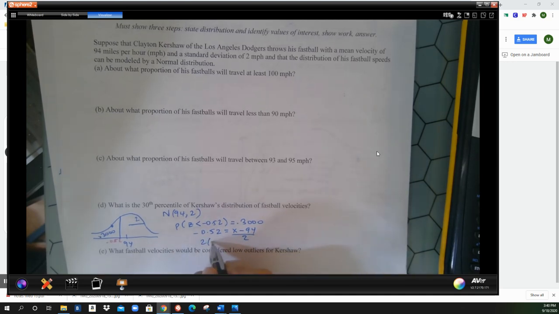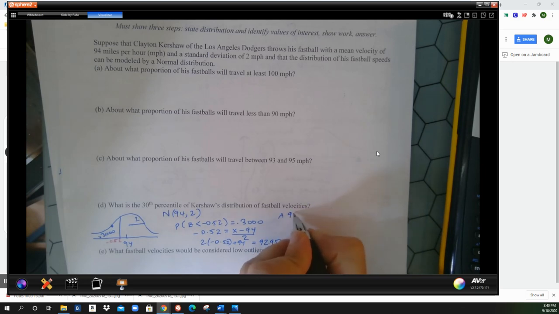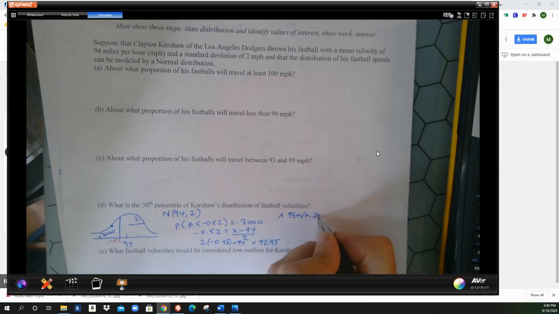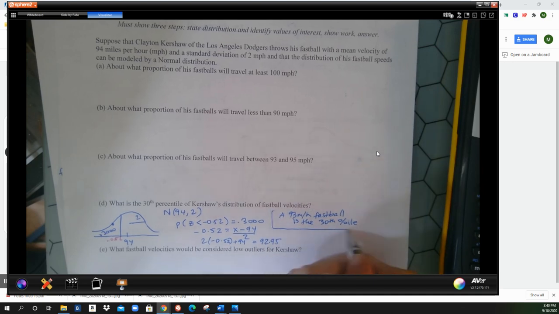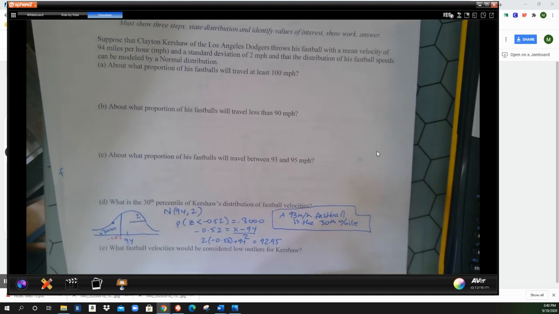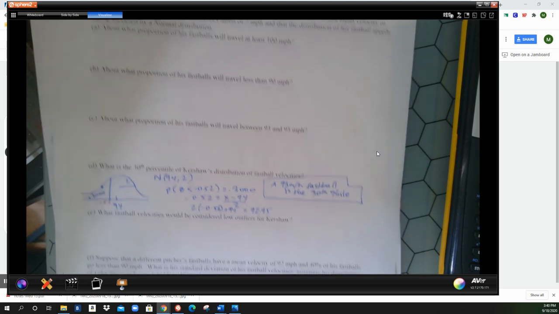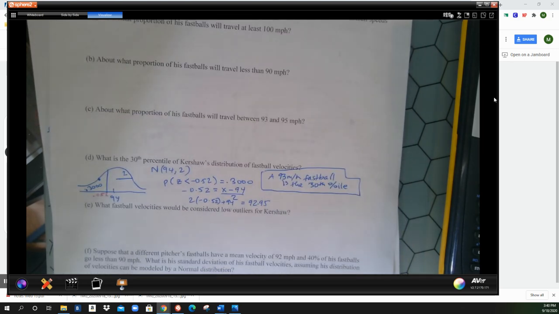So that's going to be 2 times negative 0.52 plus 94. And that gives me 92. Now, if I do it by hand, it's not going to be nearly as precise as it was on here, but we would say a 93 mile an hour fastball is the 30th percentile. And just a reminder, percentile is this person's speed, or this particular fastball speed is higher than 30% of other throws.